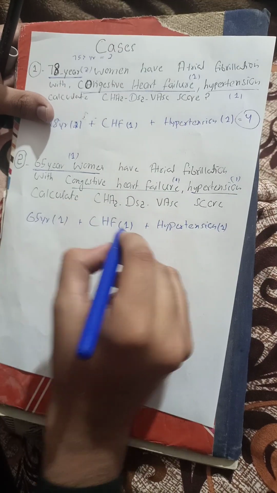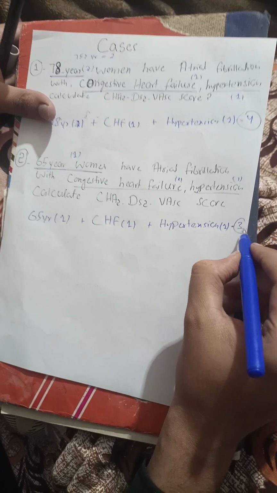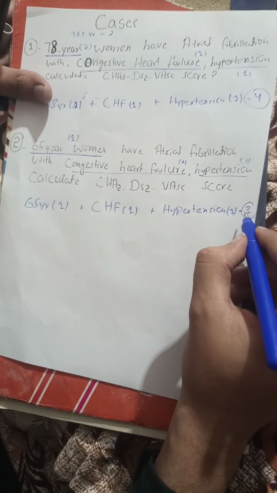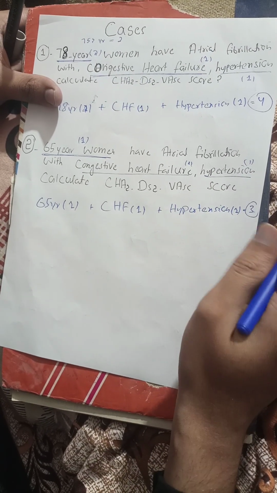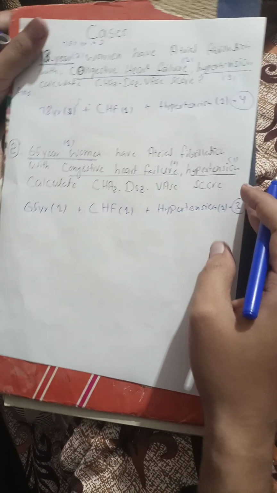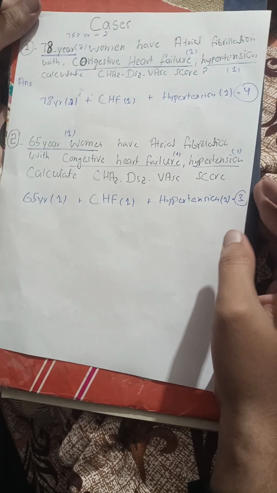So the total score is 1 plus 1 plus 1 equals 3. So the CHADS-DS2-VASc score is 3, and we can give anticoagulant therapy to both patients. So this is all about today's lecture.